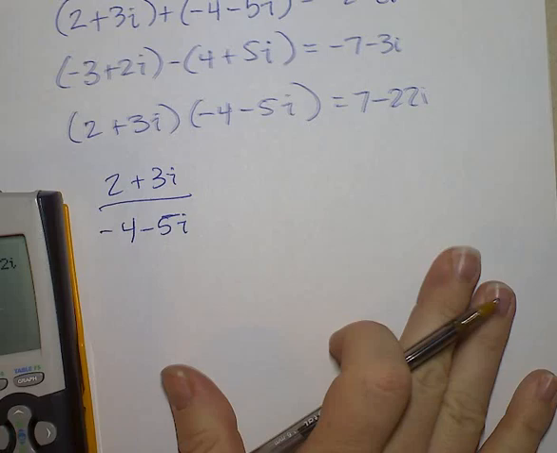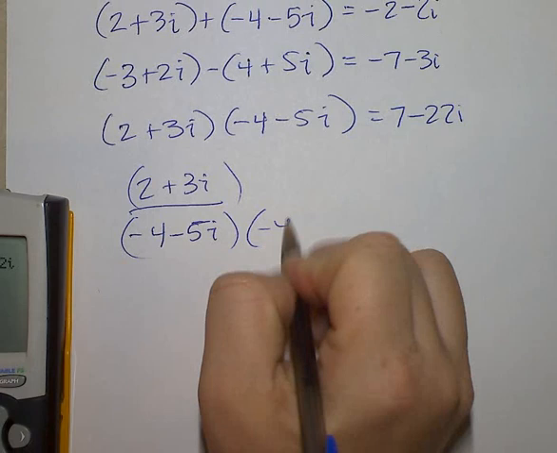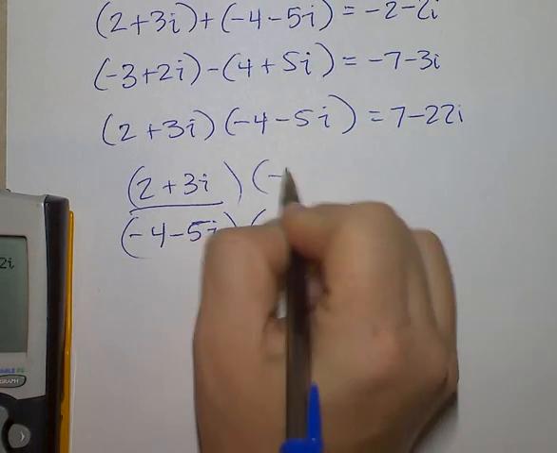This one is a little more work here. So I'm going to take this times negative 4 plus 5i, negative 4 plus 5i.